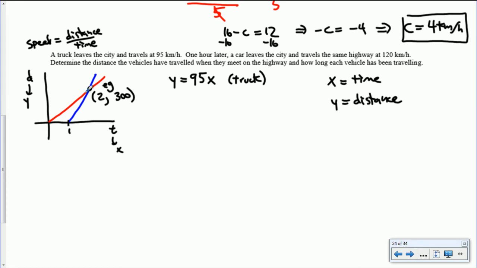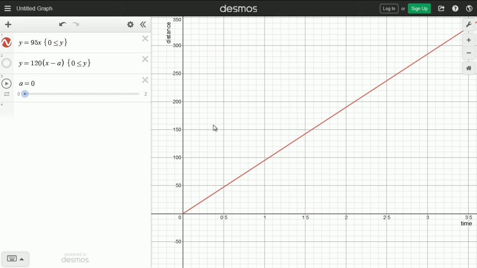Alright, so now we need to figure out the y-intercept of the car. So I have the graph of the truck here, 95x, and here I just have it restricted so that it is a positive distance. And I also have a possible equation for the car. The slope of the car needs to be 120, and this minus a just gives me a horizontal translation.